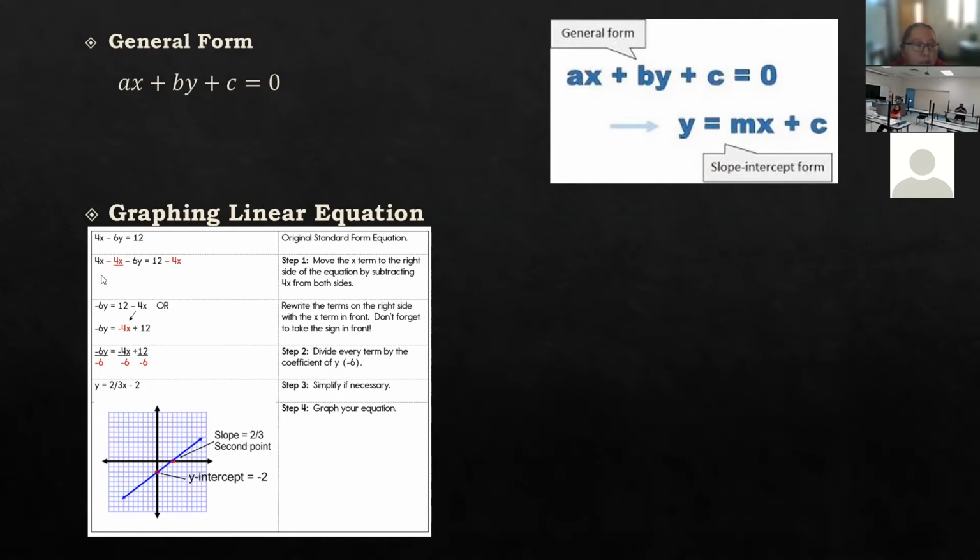Okay. So this one right here, since we moved it across, we cancel this out. So this doesn't exist as you move to the next step.